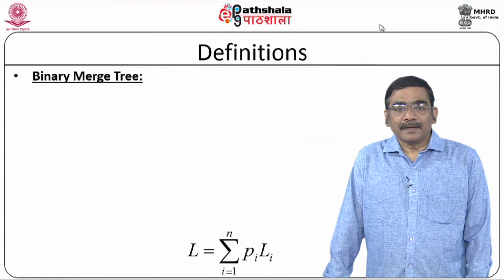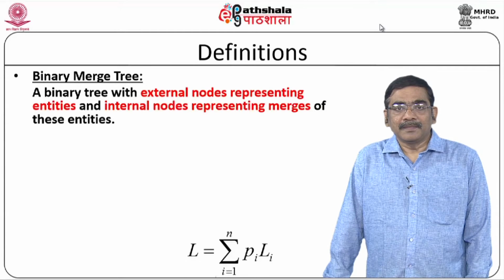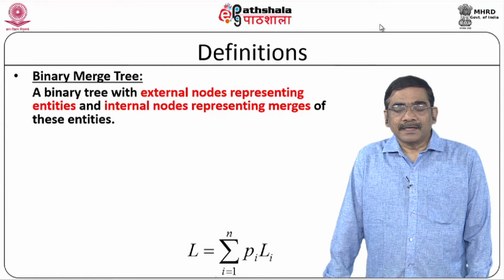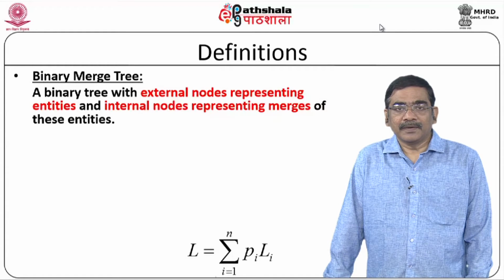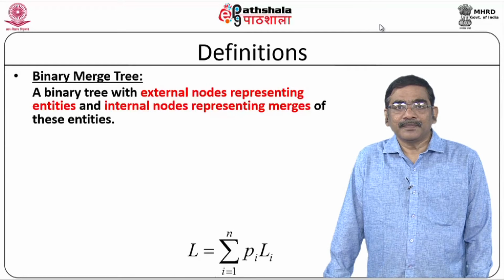The concept related to this particular problem is the binary merge tree. We are going to take n sorted files and merge them with the objective of giving a procedure for how to merge all the files. In the process we will generate a tree called the binary merge tree.